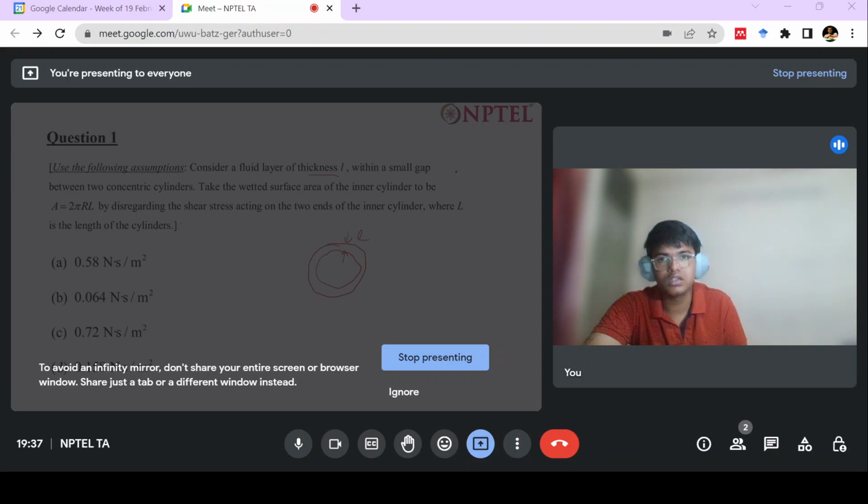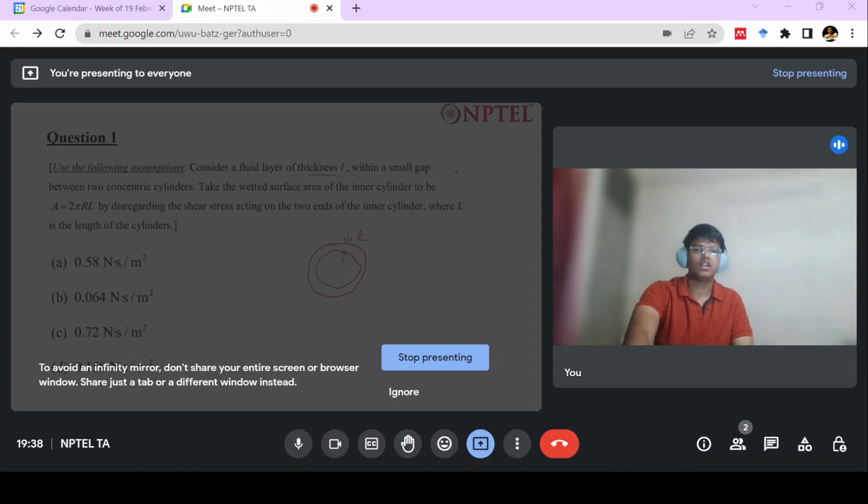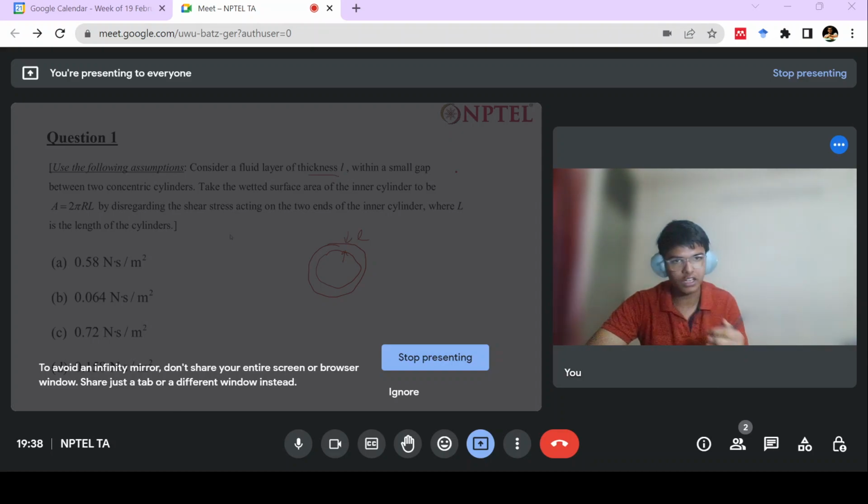It is also understood that the friction or resistance due to end effects at the ends of the shaft is to be neglected, and the only resistance the shaft gets is provided by the fluid's viscosity, with the viscous stresses of the fluid acting on the surface of the shaft.